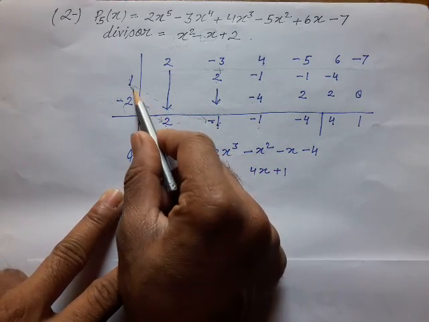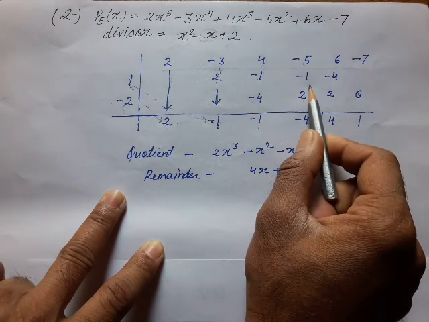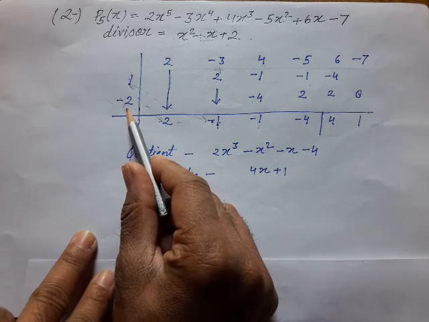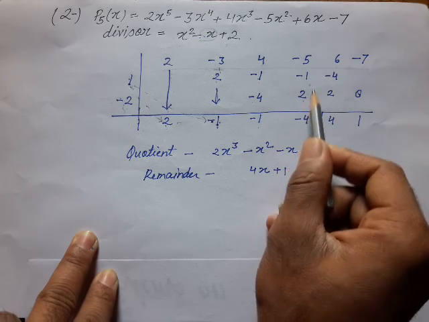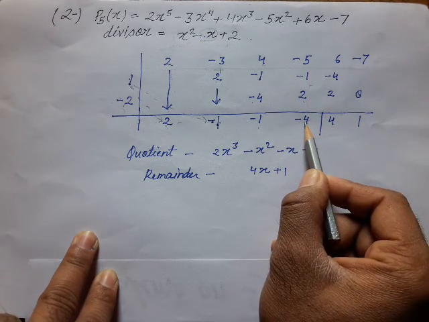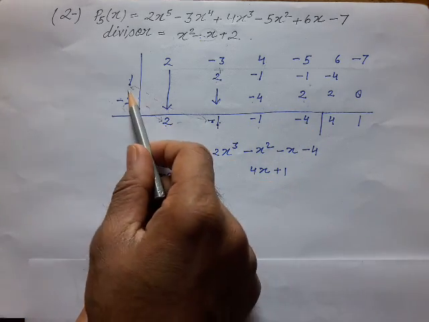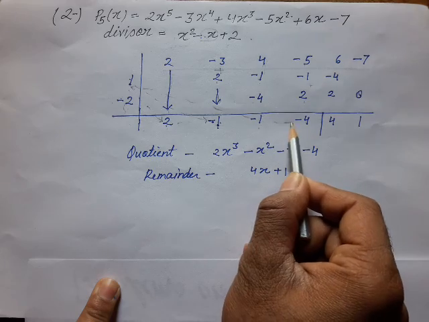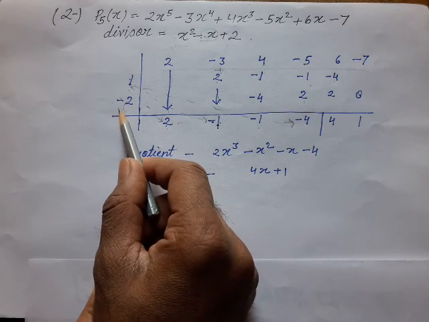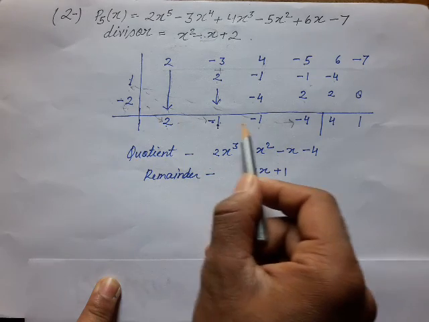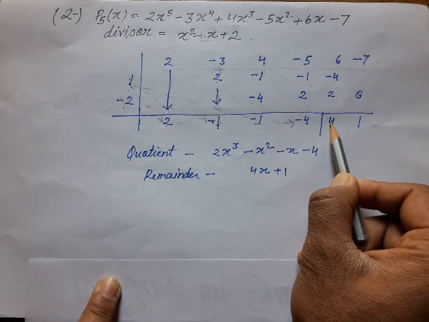Now multiplying 1 by minus 1 we get minus 1 here, and multiplying minus 2 by minus 1 we get plus 2 here. On adding this we get minus 4. Now multiplying 1 by minus 4 we get minus 4 here, and multiplying minus 2 by minus 1 we get plus 2. On adding this we get 4.